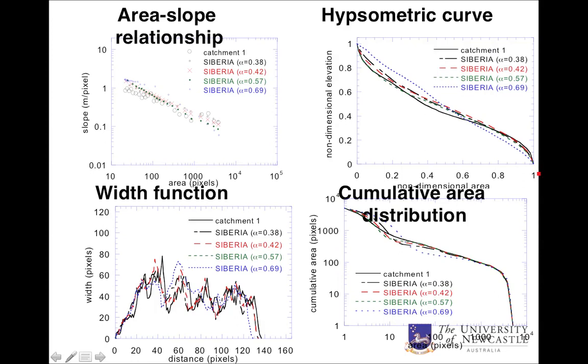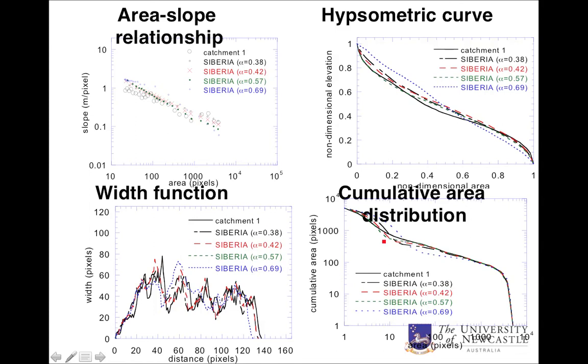So you have one here in the non-dimensional area. So the catchment has a curve that looks like this, and for a bunch of the parameters, it does an okay job, not a perfect job, but an okay job at reproducing the elevation-area relationship for that catchment.